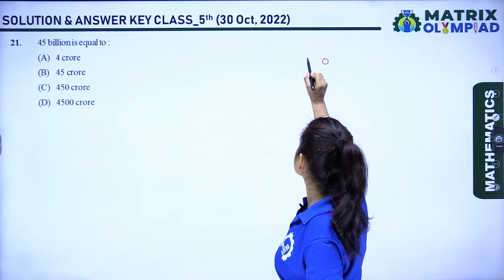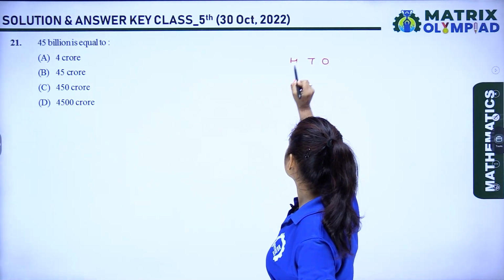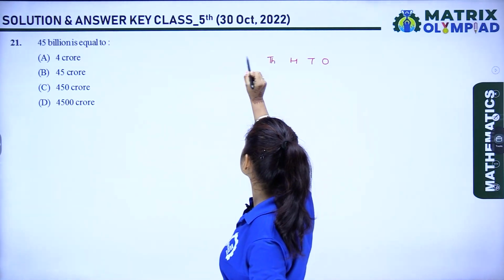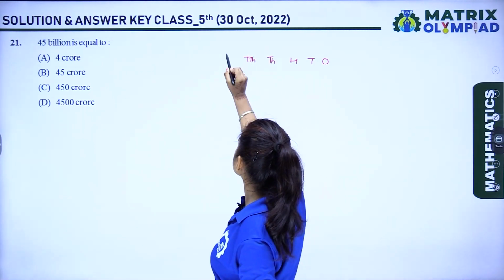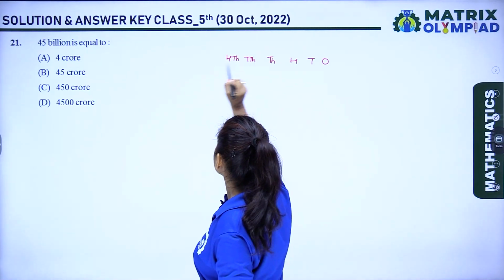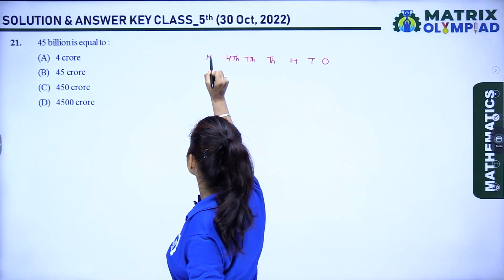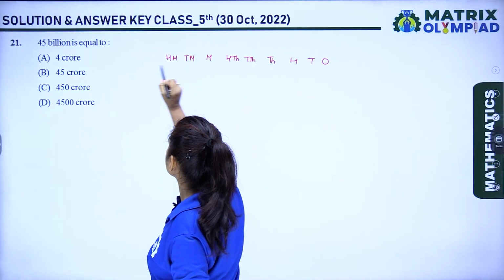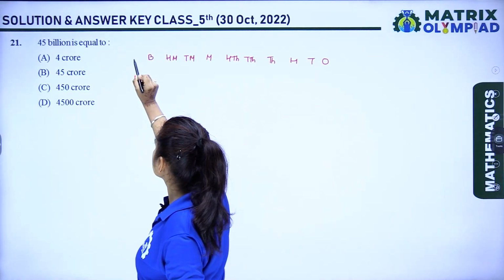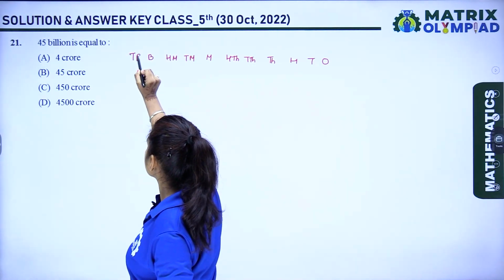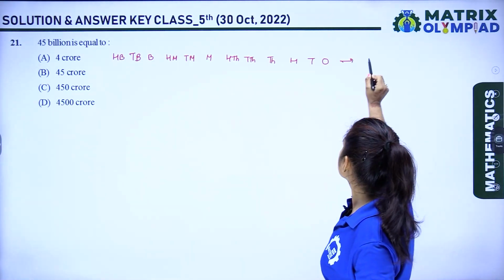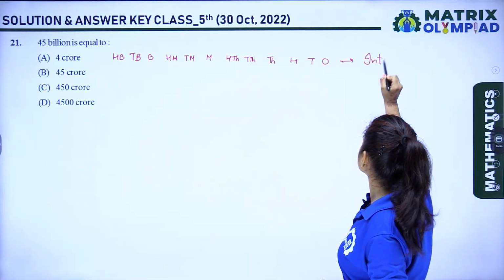This is ones, tens, 100, then we have 1000, 10,000, 100,000, then million, 10 million, 100 million, then we have billion, 10 billion, 100 billion. Now this is according to the international system.